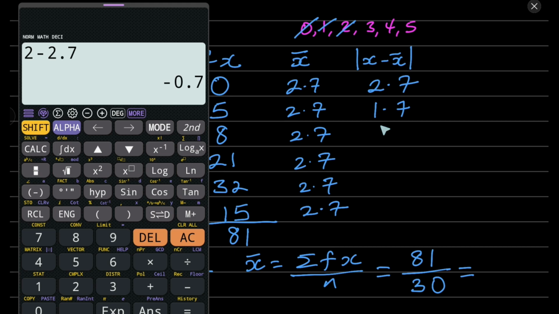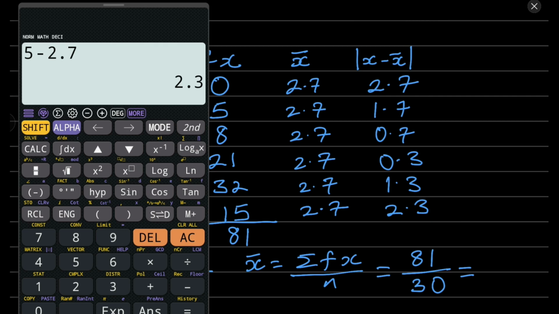We have 2 minus 2.7, 0.7. The next is 3. That's 0.3. Next is 4, 1.3. Then followed by 5, we have 2.3. So you can rub this off. Back to the formula.